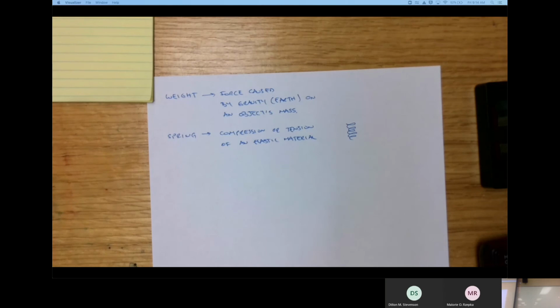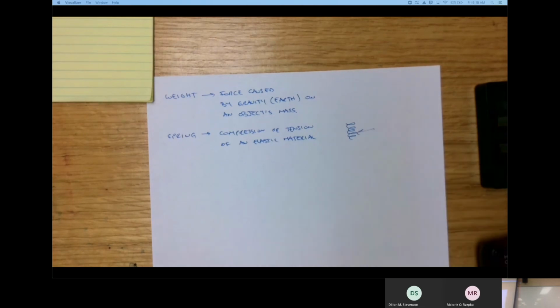But springs are not only that. For example, the tendons in your body are some kind of springs. They are materials that you can extend and you can compress, and when you release the force, they come back to their natural shape. So tendons are kind of springs, or they can be modeled with the same equations that we use to describe something like this.